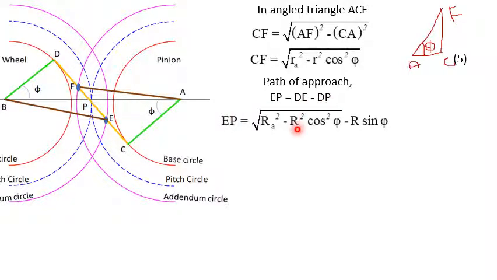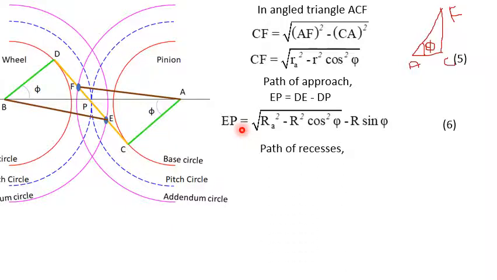DE we got as the root of RA square minus R square cos square phi, whereas DP is the opposite side, therefore R sin phi. Call this one as equation number 6. So we got the path of approach EP value.